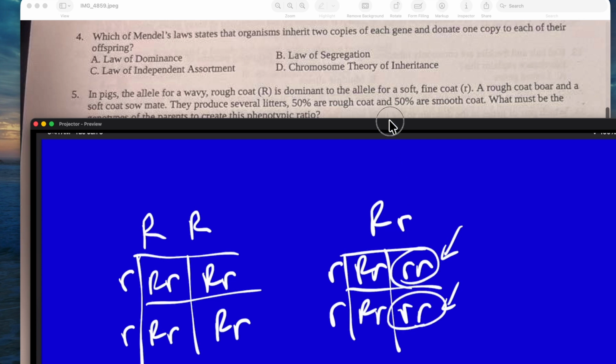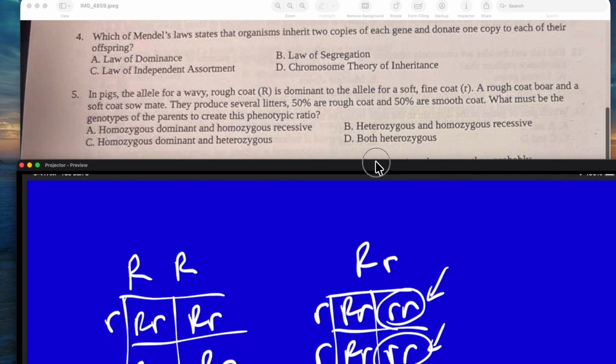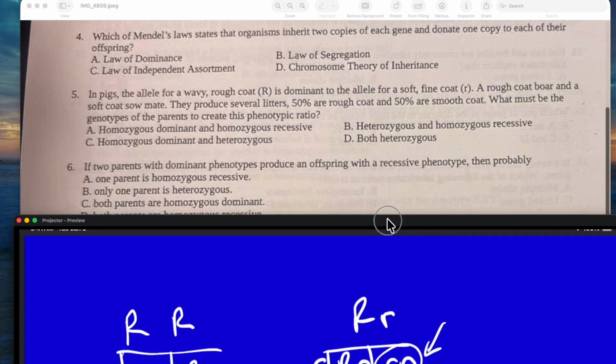So it has to be that the parents are heterozygous and homozygous recessive. It can't be homozygous dominant. Otherwise, you would not have the recessive fine coat up here.